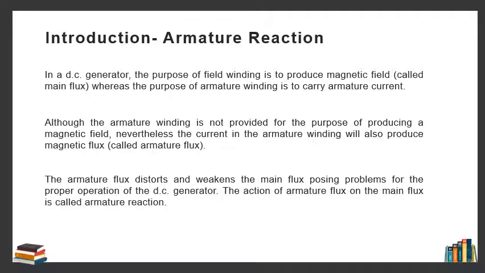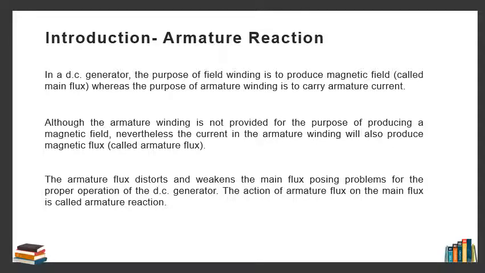The armature flux distorts and weakens the main field or main flux, posing problems for the proper operation of the DC generator. The action of the armature flux on the main flux is called the armature reaction.